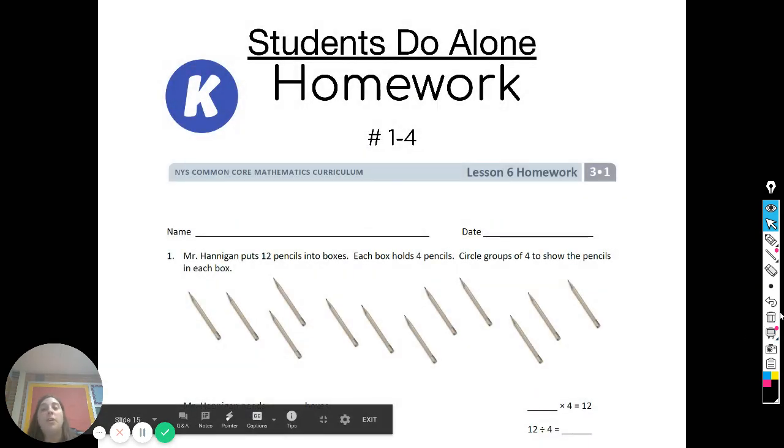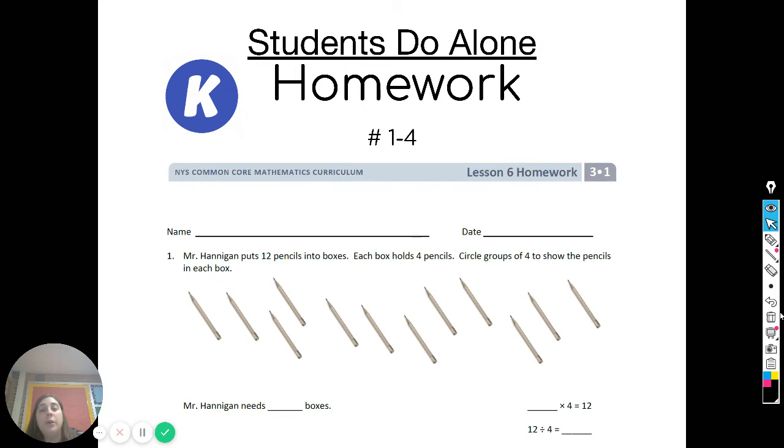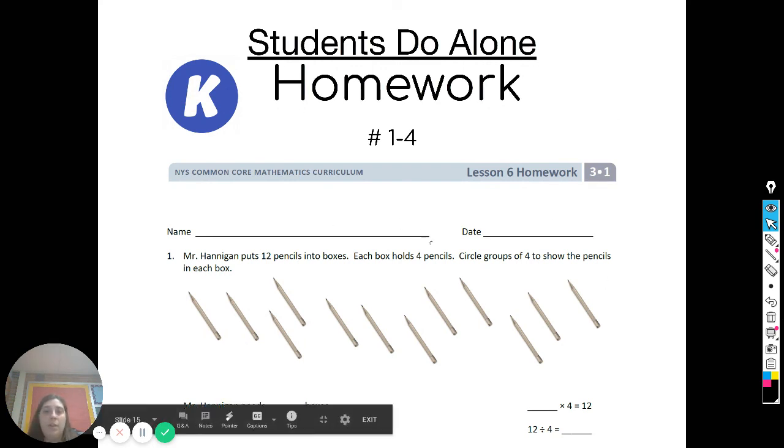Now we're to the part where you are going to demonstrate what you have learned alone. You're going to be working on your Cami homework, which can be found in your Google Classroom for today, Tuesday, under week 6. You're going to be doing that 1 through 4. And I believe we are skipping number 3.